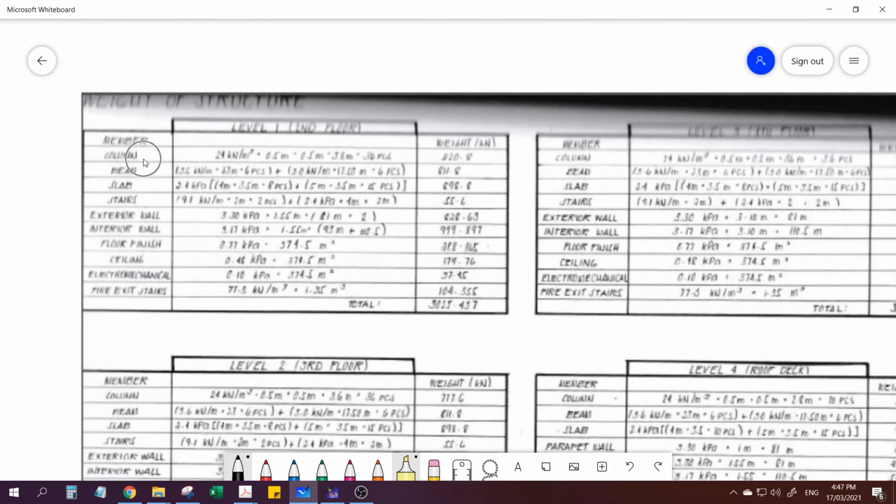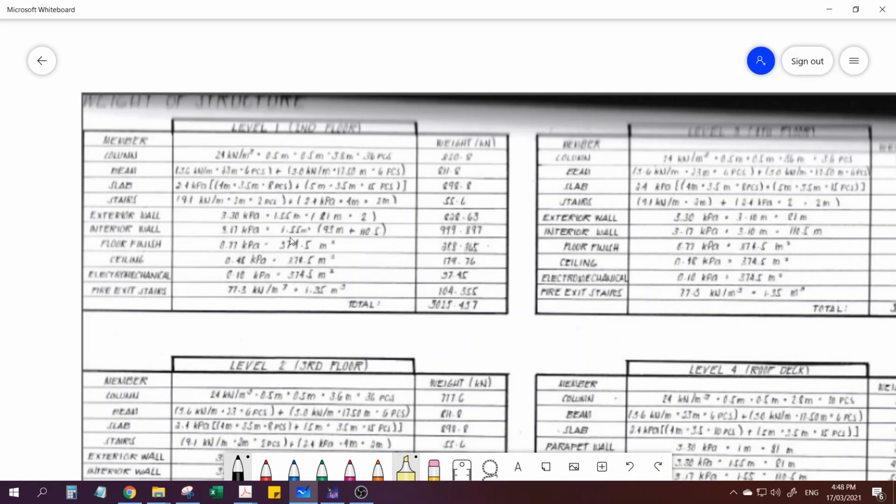So for example, what are the dead loads of the structure? So per floor, you have the column, the beam, the slab, the stairs, the exterior and interior walls, the floor finish, the ceiling, electromechanical, and so on. Also, we have interior partition, which is 1 kilopascal.